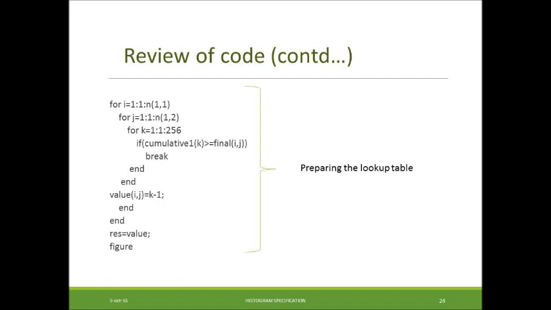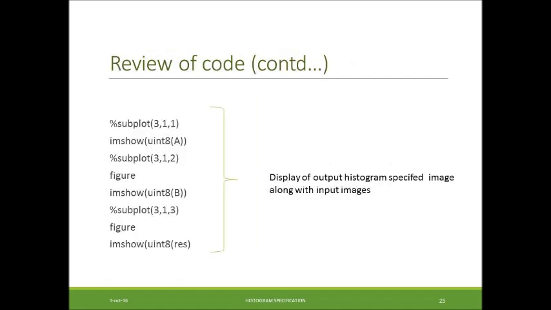Now we got the lookup table mapping from I to J, and the output image is drawn with the specified histogram. Now we are coming to the last part of the code where all the images are plotted. That is the input image, histogram specified image and the output image which is modified according to the histogram specified.